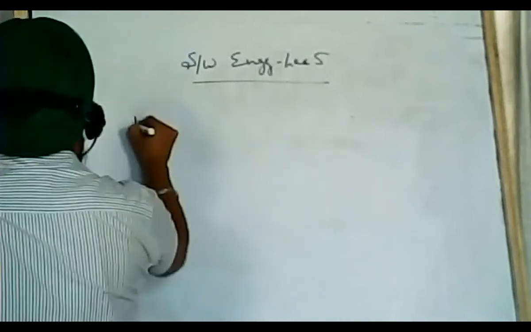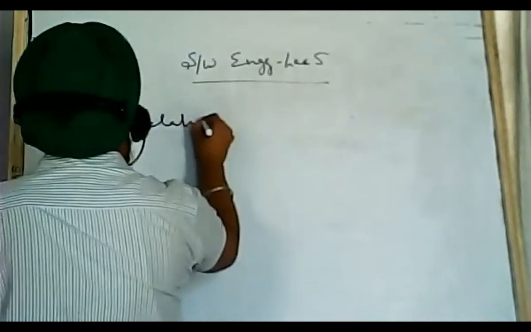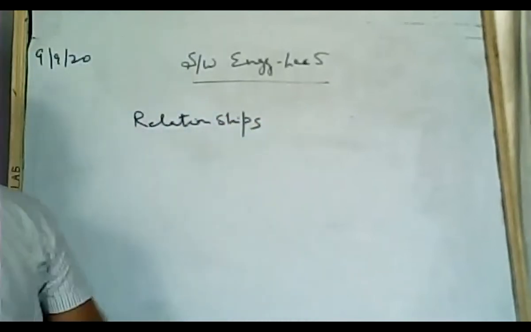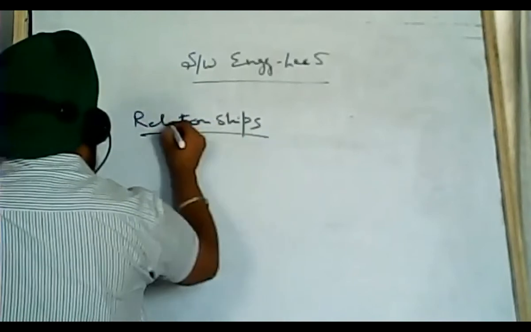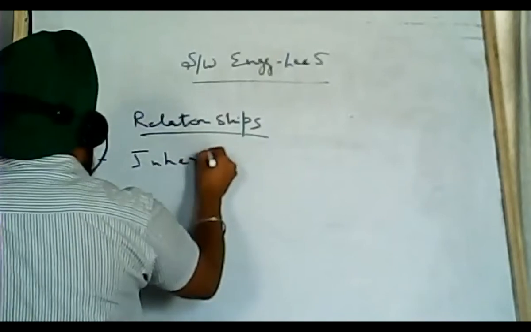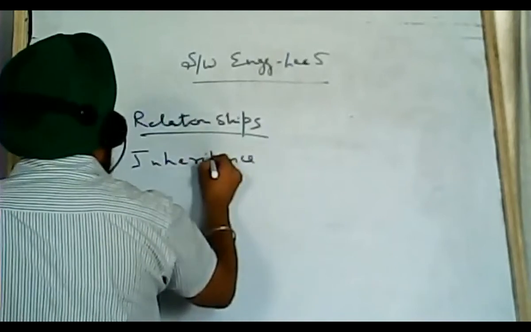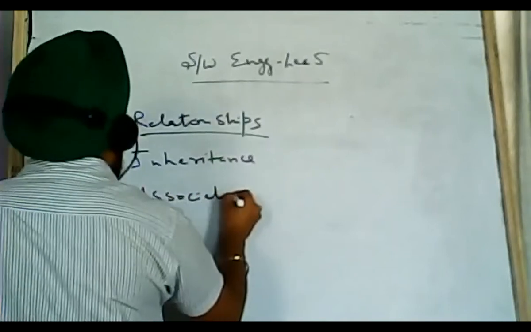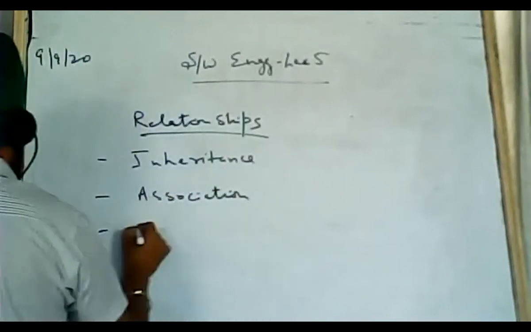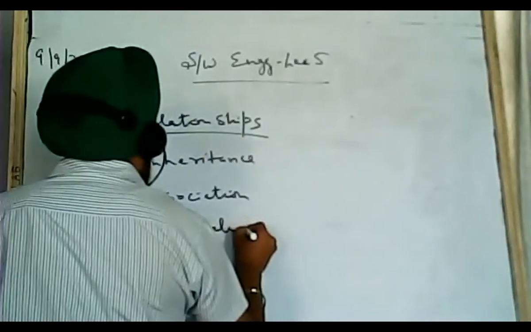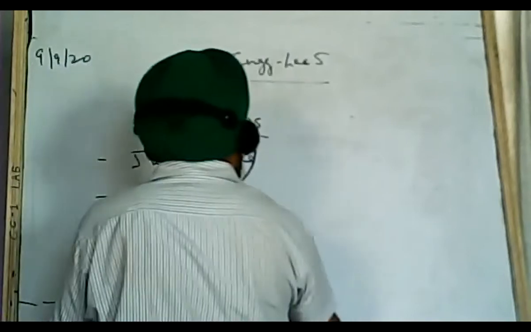In relationships, first we have already done inheritance. Second is association. Third is aggregation or composition.